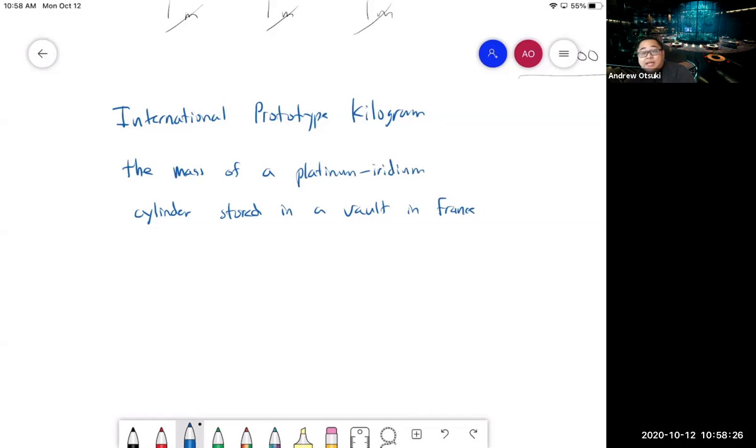So that is our basis for the kilogram. That's the mass of this cylinder stored in a vault. It's this chemical equipment that's archived in the vault.